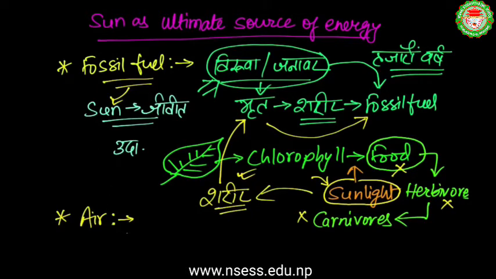Now another is air. We know that moving air is called wind. You can see air as a convectional current developed by the movement of the air. We see air as hot air and cold air. Cold air is heavier.